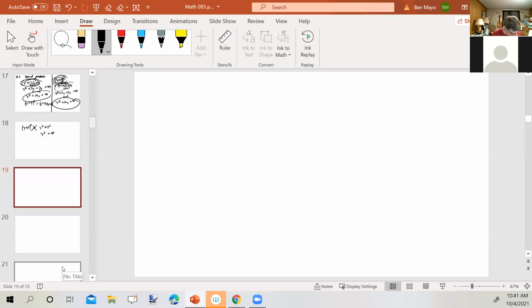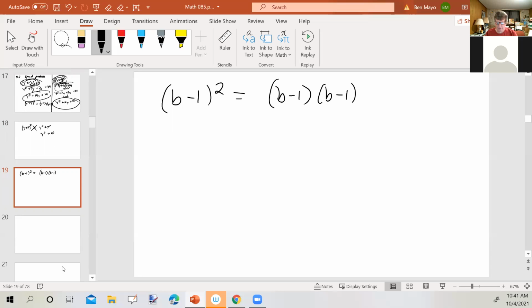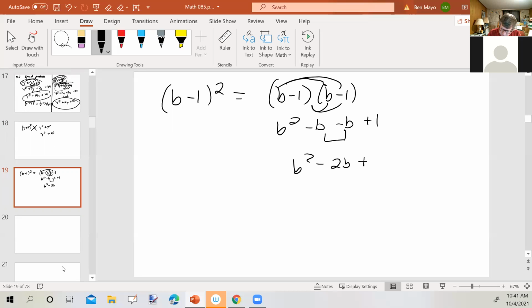Let's take a look at some more of these. So b minus 1, the quantity squared, equals b minus 1 times b minus 1. Multiplying together the two factors of b minus 1, we get b squared minus b minus b plus 1. Combining like terms, b squared minus 2b plus 1.